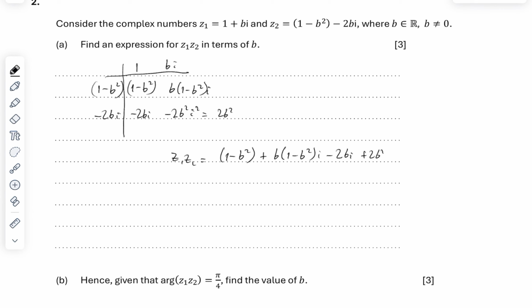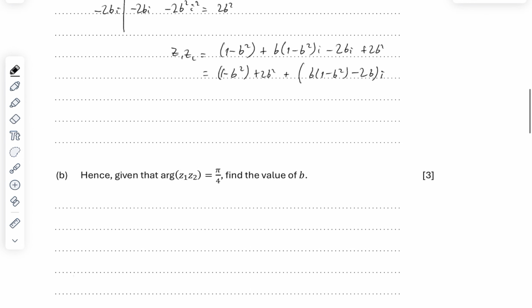So put all the real parts together, so we get 1 subtract b squared plus 2b squared, plus in i is b into 1 subtract b squared i, not i after all, sorry, subtract 2bi.